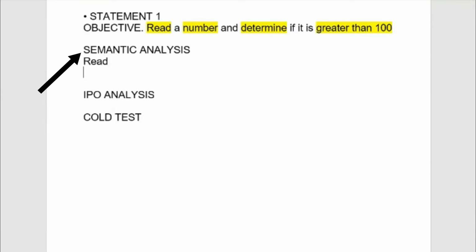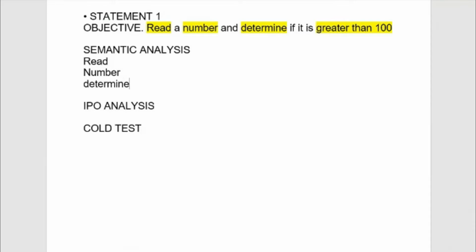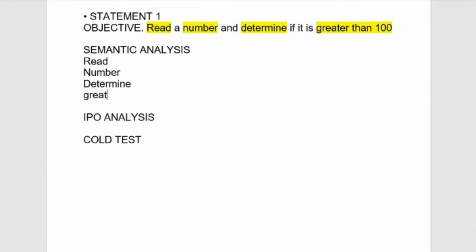Read, number, determine, greater than 100, right? Okay. What is read? Read is to receive the data from the keyboard. Remember, we are speaking about the computer programming world.